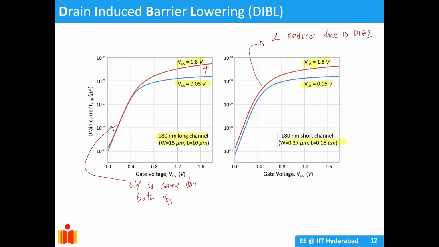So you can see in long channel, the off current, the subthreshold, is not affected by the VDS, but in short channel, the subthreshold gets affected by VDS, and it reduces, and there's a reduction in the threshold voltage.